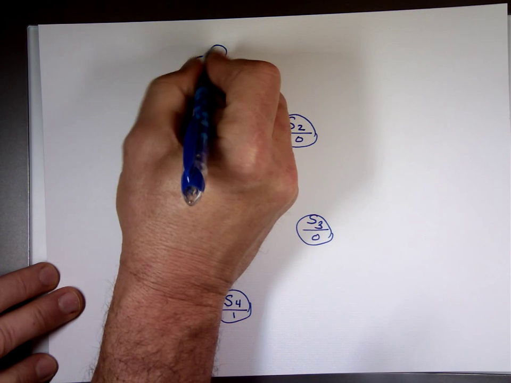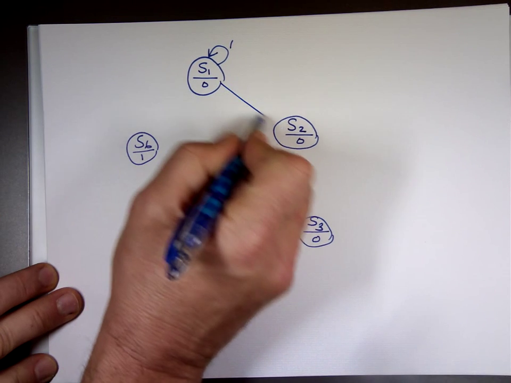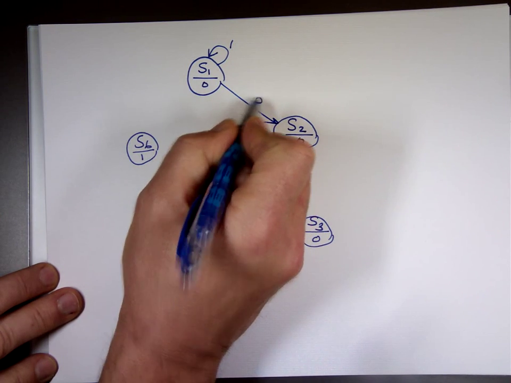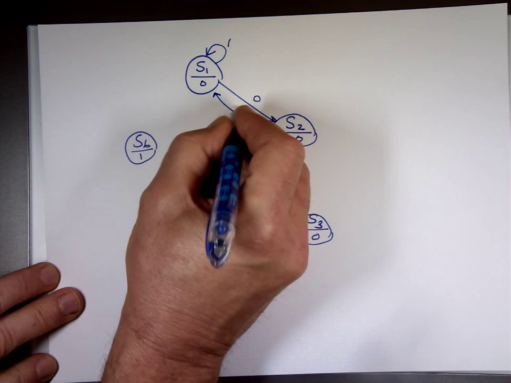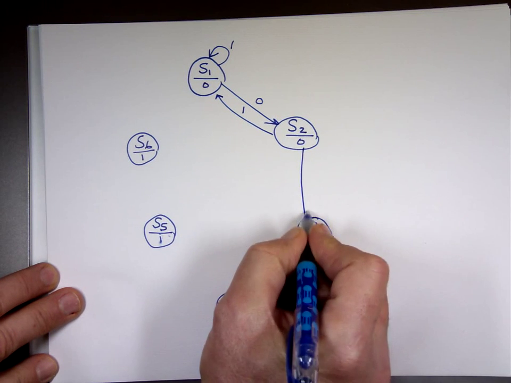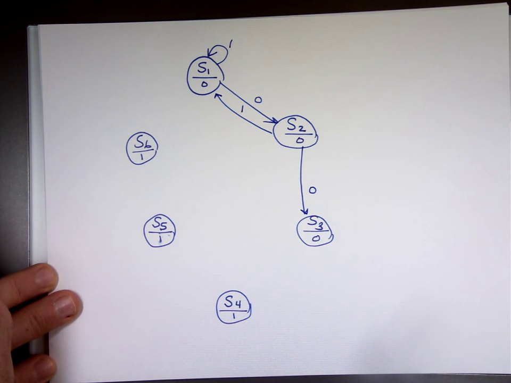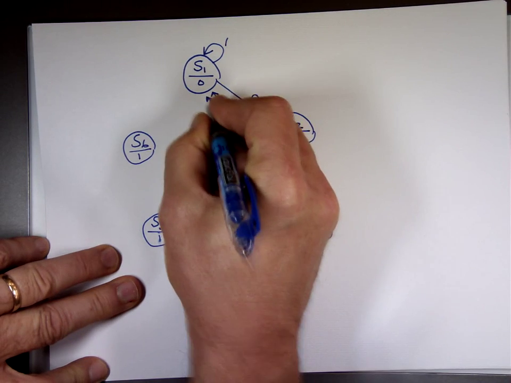If you put a 1 for an input, you stay there. If you put a 0, you go to state 2. If you put a 1, you go back there. If you put a 0, you go down here. If you put a 1 from this one, you go back there.